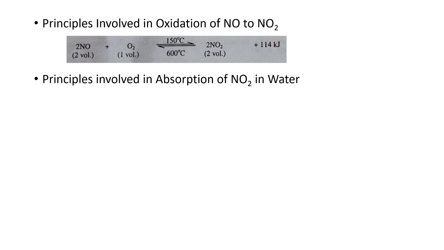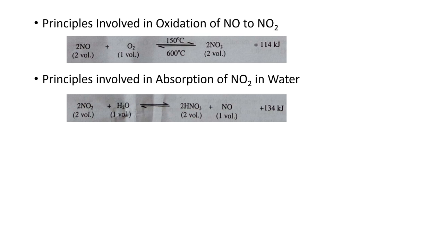Now we'll go to the third step, that is absorption of nitrogen oxide, that is NO2, in water. Okay, so when it is absorbed in water, the reaction takes place like this: NO2 gets dissolved in water to form nitric acid. Absorption is a slow process.